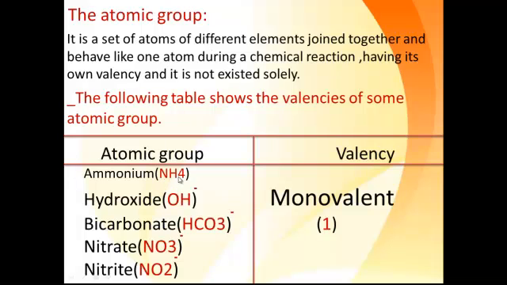Nitrogen, hydrogen, oxygen, hydrogen are different elements. Hydrogen, oxygen, carbon are different elements joined together and behave as one atom during the chemical reaction and have their own valency, and it does not exist alone.